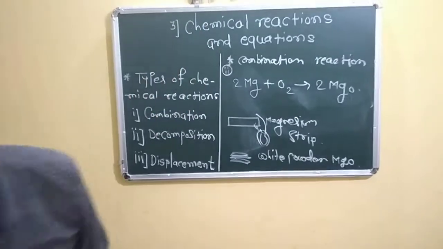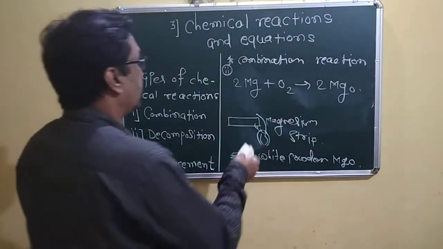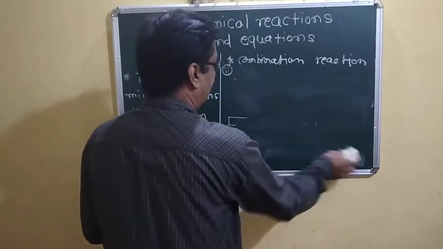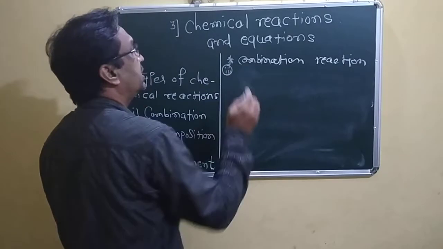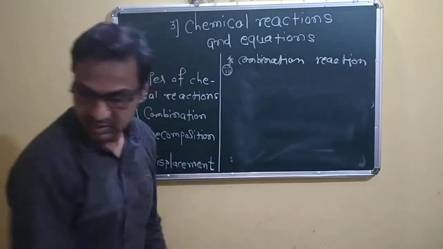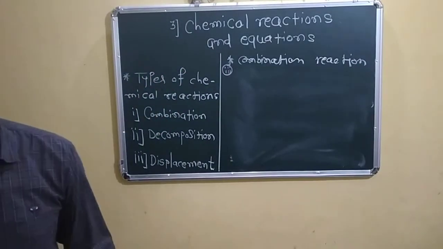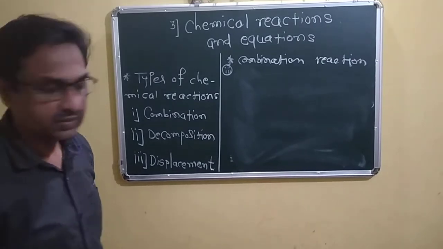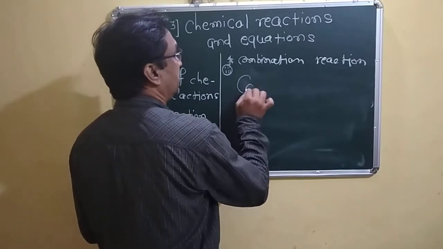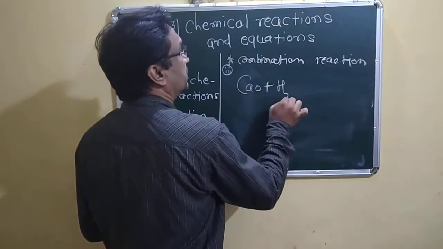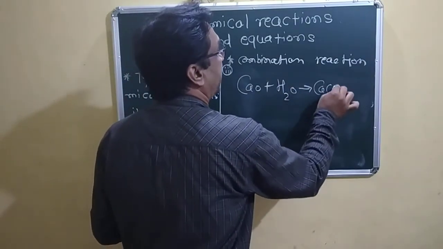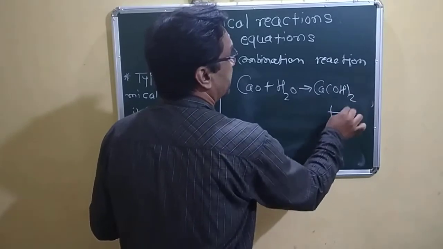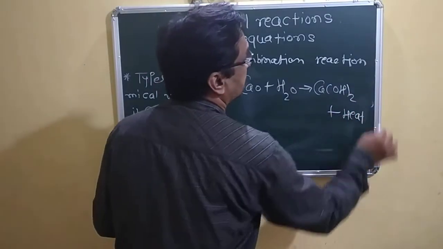The third example provided in our textbook is calcium oxide, CaO, and water, which form calcium hydroxide plus heat.